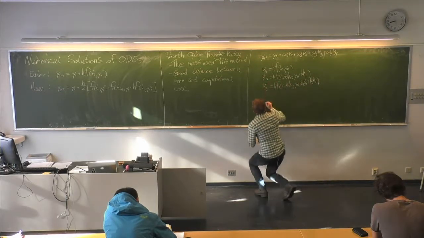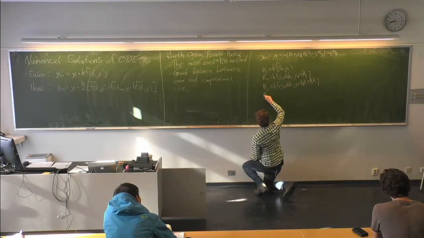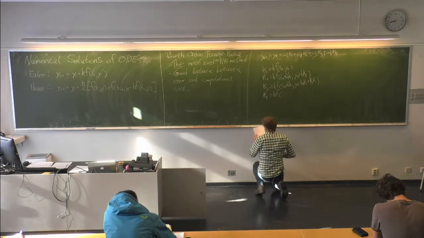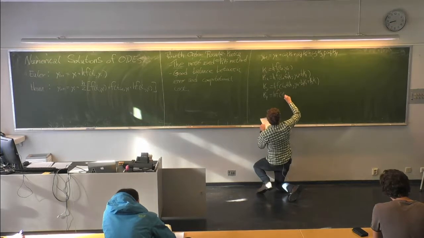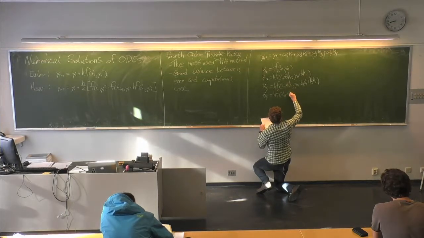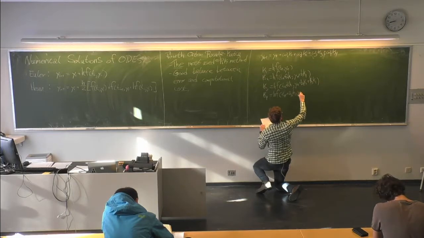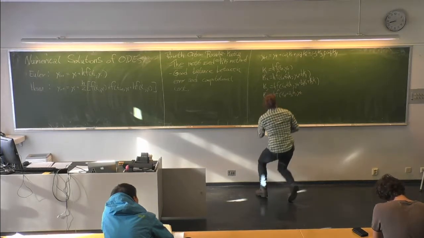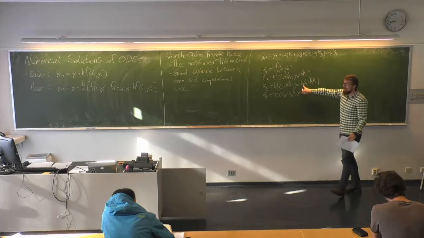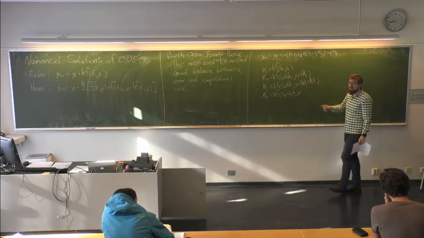K4, we'll use all of them: h f of t_k plus a3 h, y_k plus b4 K1 plus b5 K2 plus b6 K3. You might ask, where do I get all of these variables from?